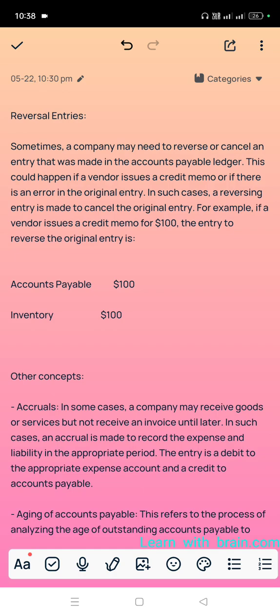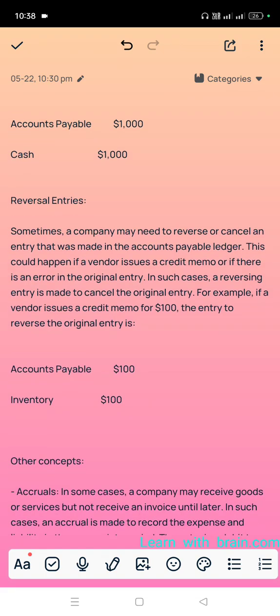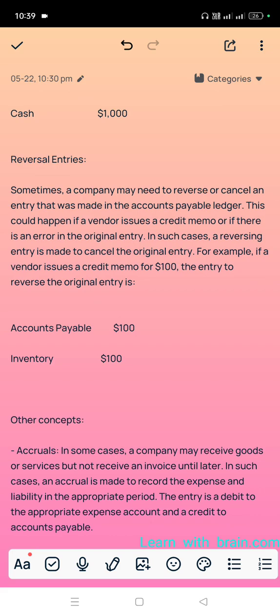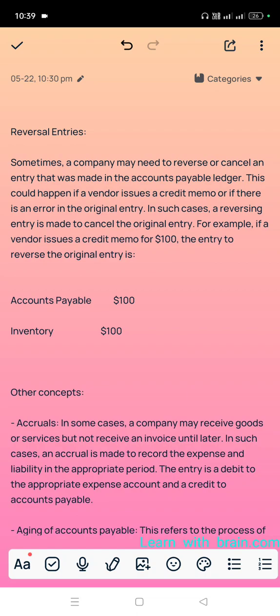So we know the meaning of reversal. For simple understanding, we already purchased $1,000 worth of goods. In this example, the vendor issues a credit memo for $100, because some goods are defective, so we have to reverse those $100 worth of goods.